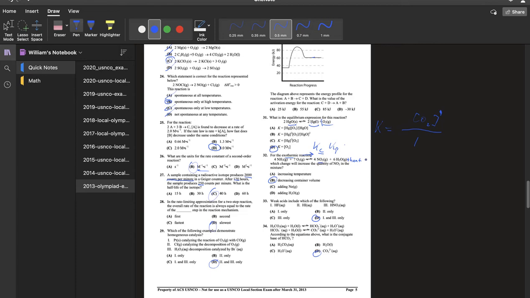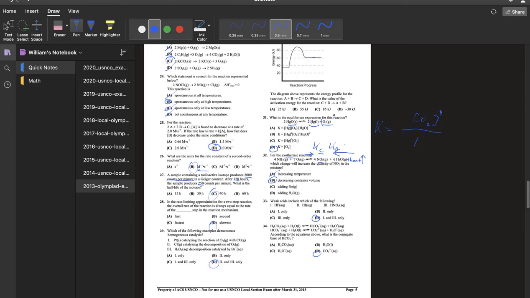So increasing temperature is basically, if you want to think about it this way, like increasing the concentration, if you will, of heat. So since this goes up, we must shift left to compensate. So that's actually going to decrease the quantity of NO2 in the mixture, so not what we're looking for.